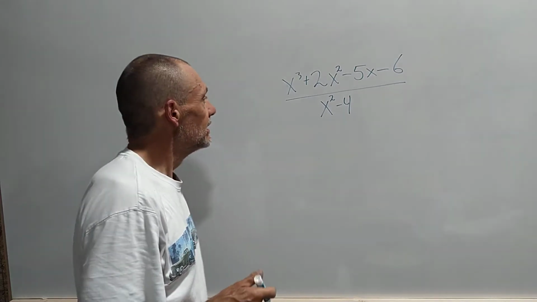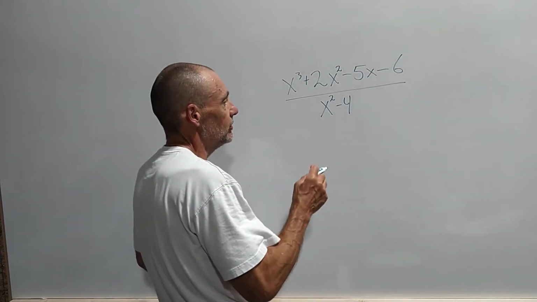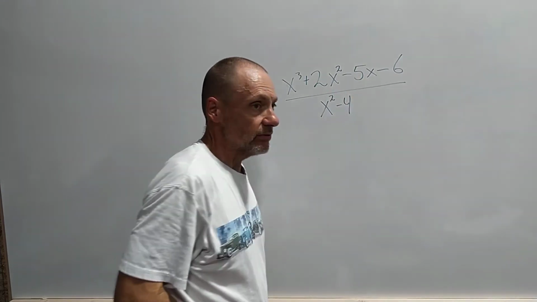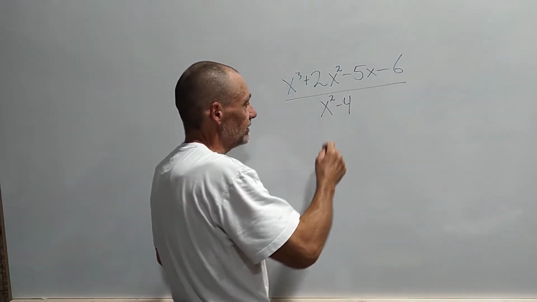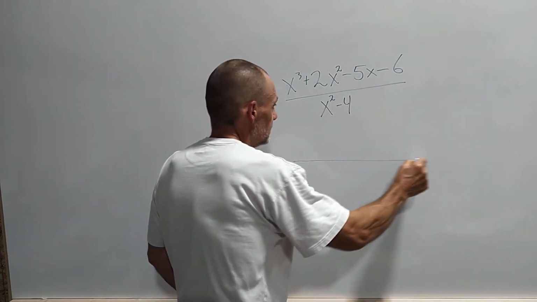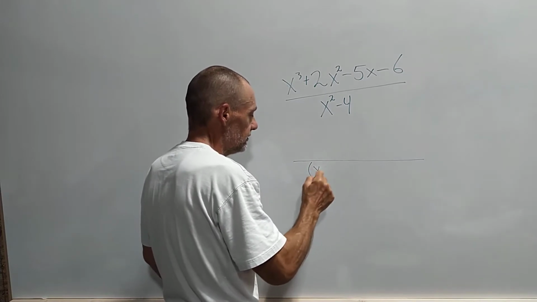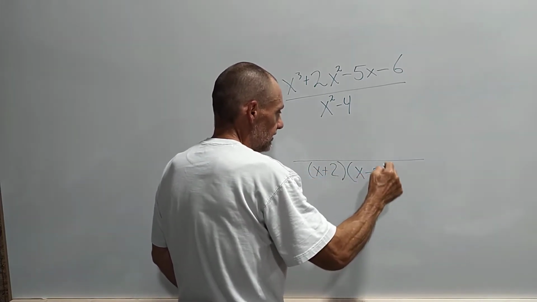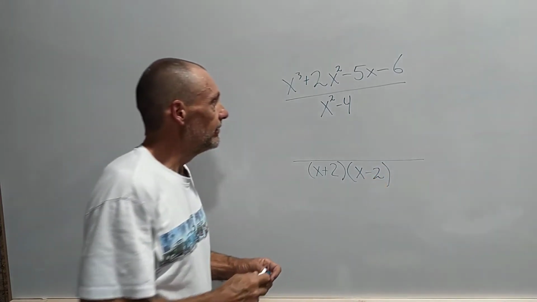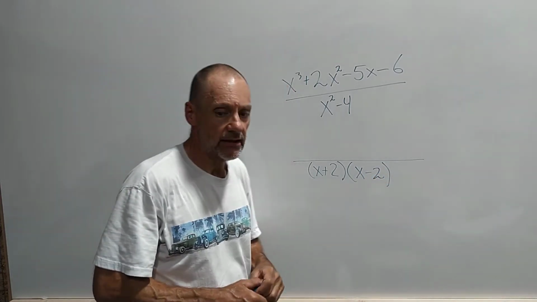Okay. So the first thing that we need to do is factor these things. This is a rational function, a quotient of polynomials, so we need to factor it. Now the bottom here is pretty easy to factor: x plus 2, x minus 2, right? But the top, how do you factor that? With a calculator.